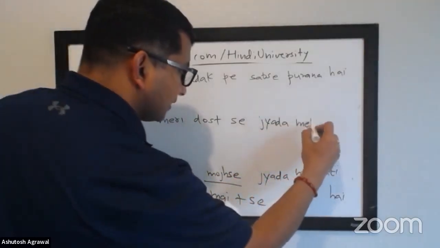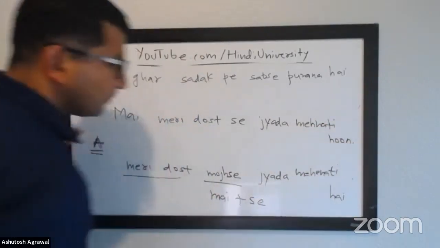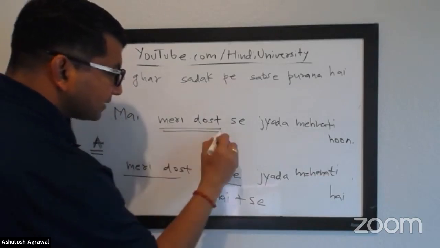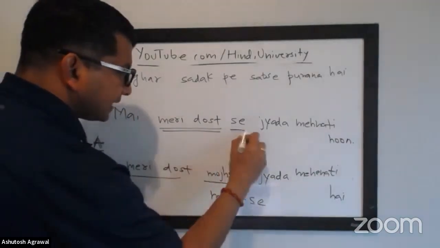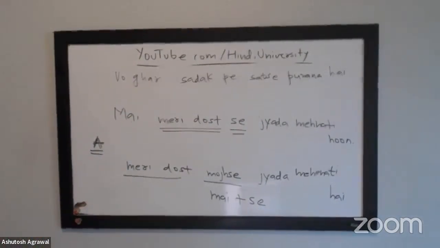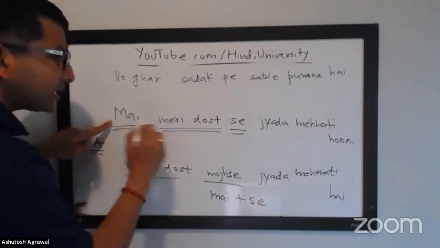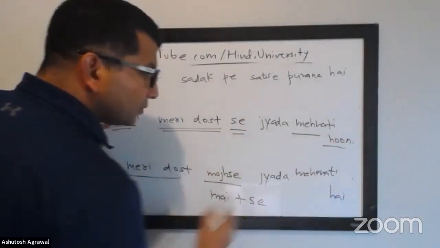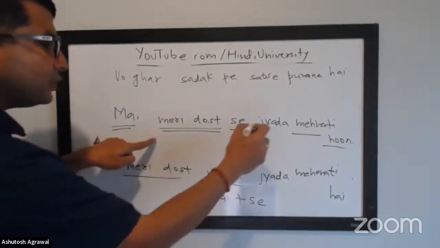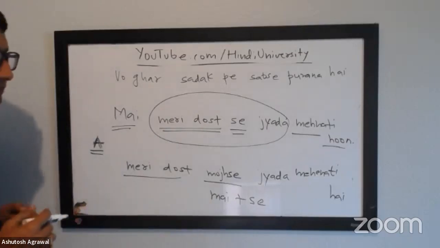So again, who is compared against? मेरी दोस्त से, followed by से ज्यादा मेहनती हूँ. If you are talking about yourself, you can say मैं मेहनती हूँ, I'm hardworking. Then, if you want to compare, मैं मेरी दोस्त से ज्यादा मेहनती हूँ.